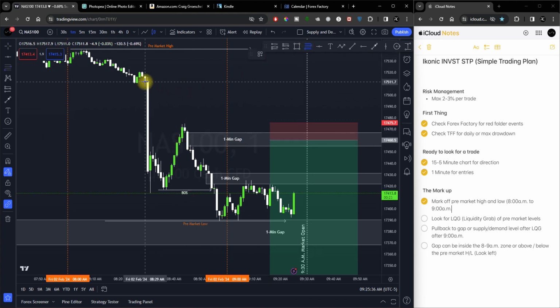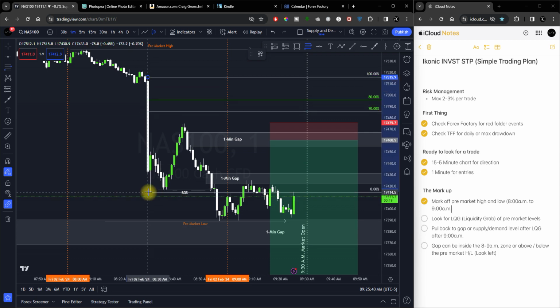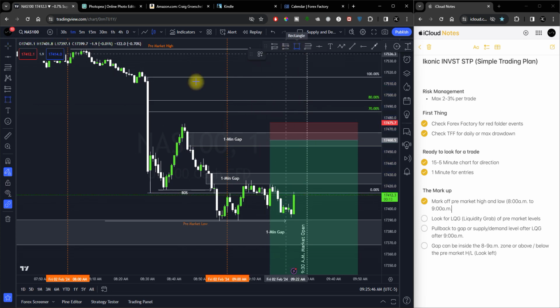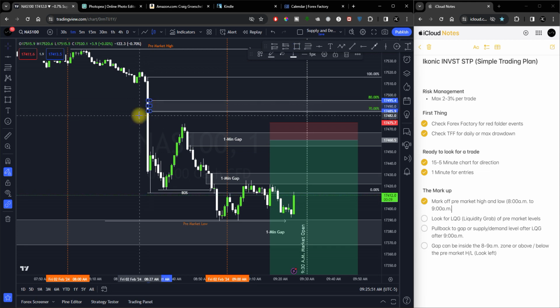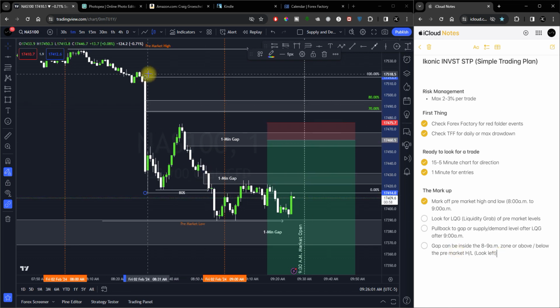I just threw a fib on this big candle here, and I have my 80 to 70% area up here. So I wanted to just put something here to see if some type of rejection can happen up there as well. I know I don't have this on my trading plan here, but I use it periodically, not as much.